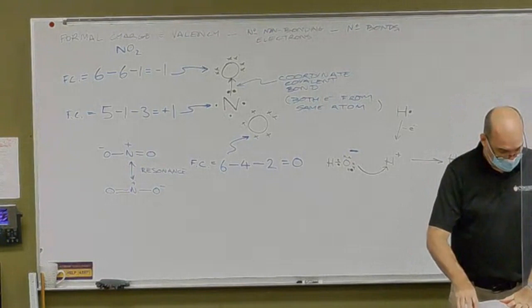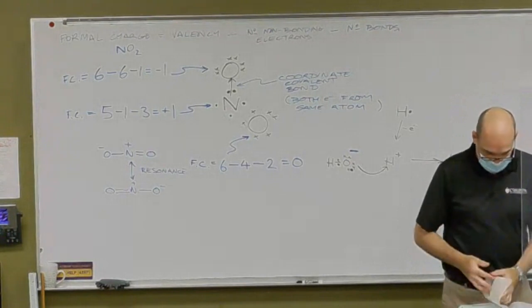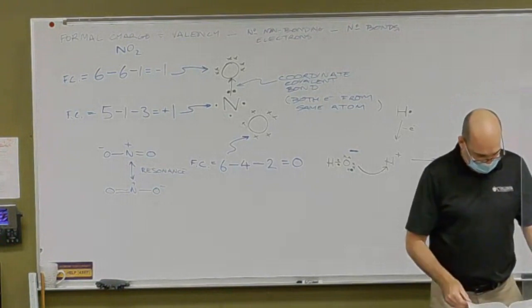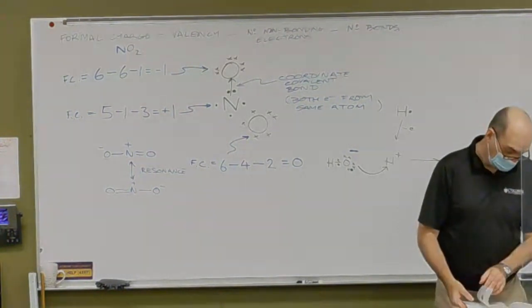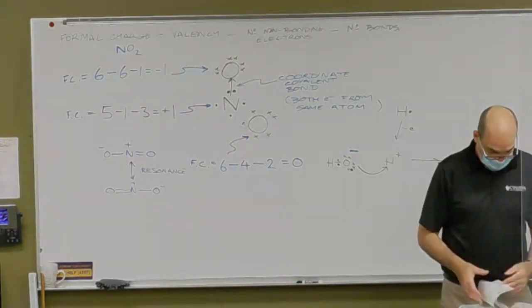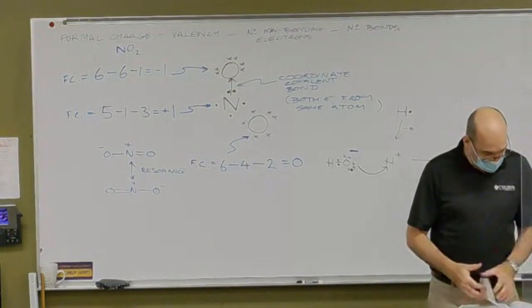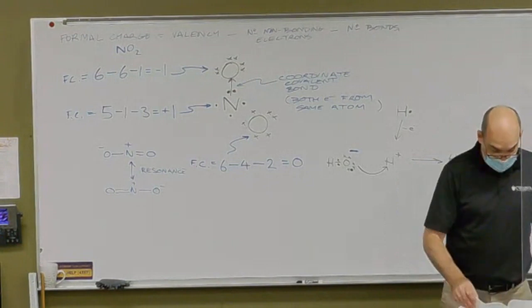Okay. All right. Now, there you go. Section 8.6 in the book, resonance. And it does 3.5 pages. Then it talks about odd numbers of electrons. Oh, and then bond strength.